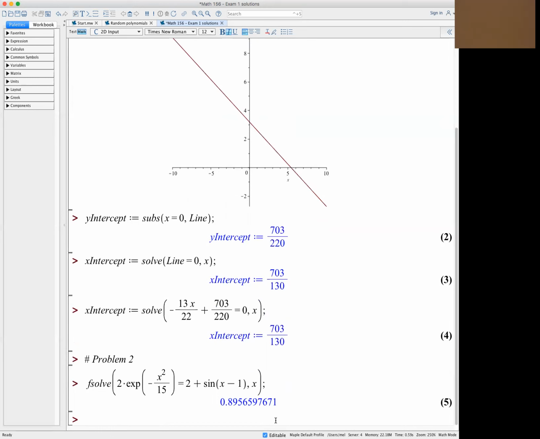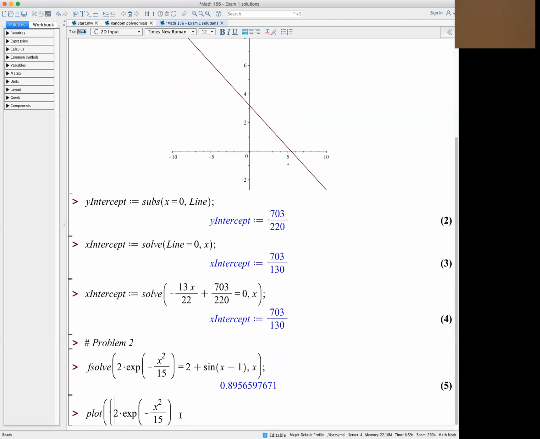Now use a graph to check your answer. So let's plot these two curves. Suppose we plot on the same graph this curve and this curve.